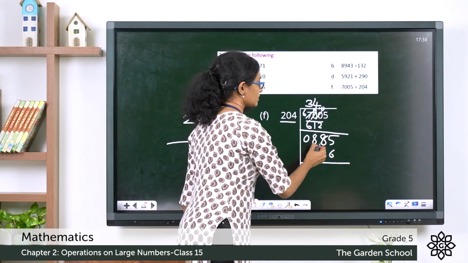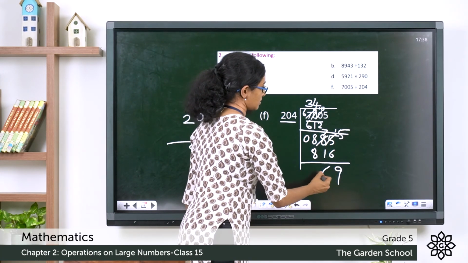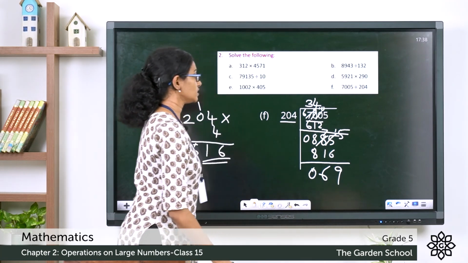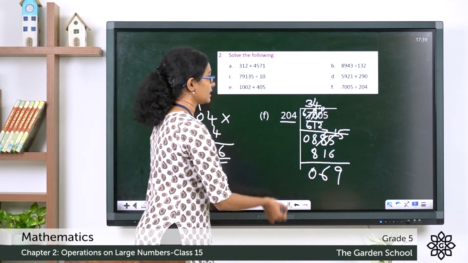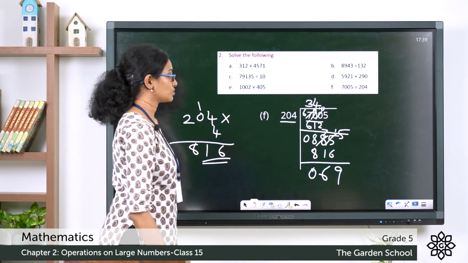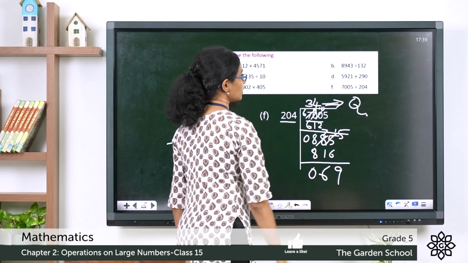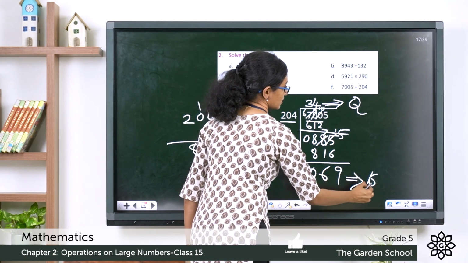Now let's subtract. So this is 15. Okay. Here it is. Next. Now there are no more digits to bring down and we cannot divide 69 by 204. So the quotient here is 34 and the remainder here is 69.